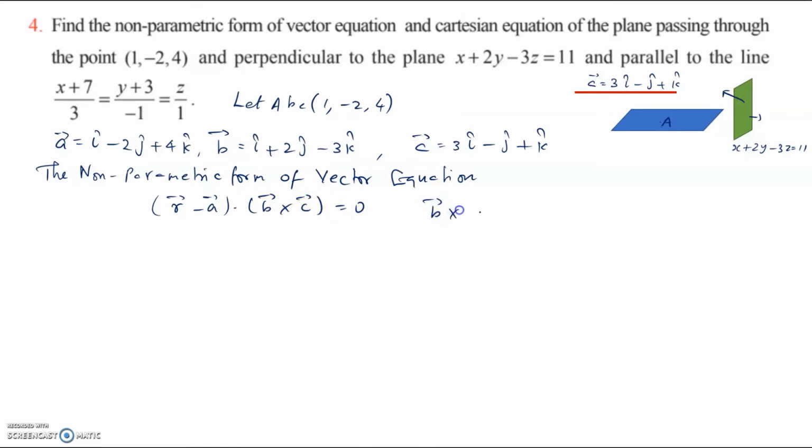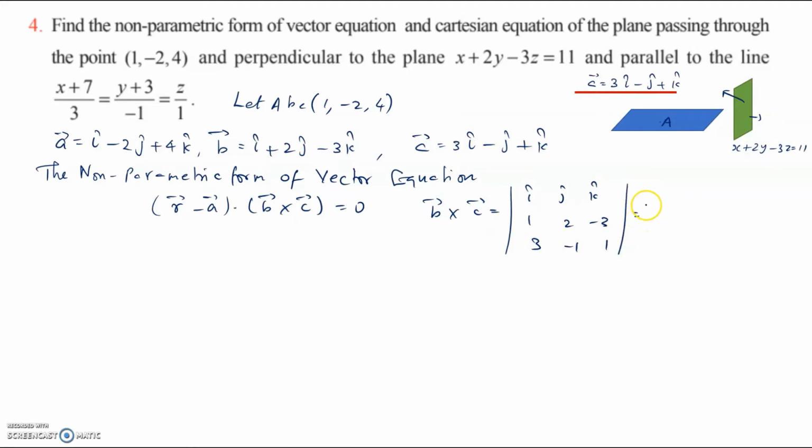So B cross product with C will be equal to the determinant i cap, j cap, k cap, and our coefficients of B will be 1, 2, minus 3, and similarly for C it will be 3, minus 1 and 1.